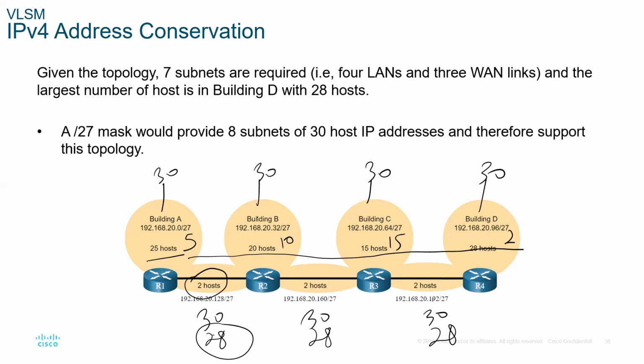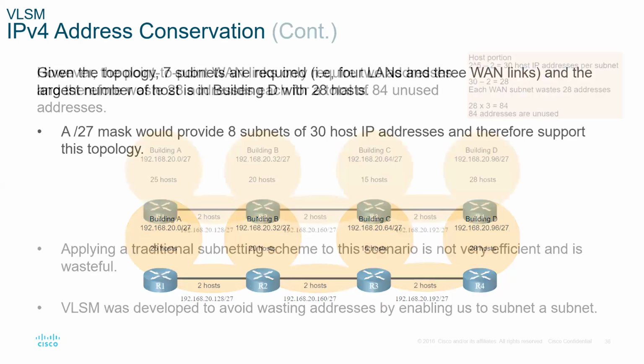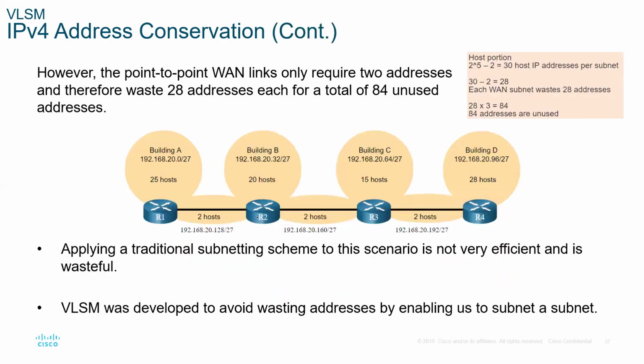So once we've demonstrated this wasting of addresses with the subnetting we've learned so far, that means we need a different way of subnetting. And what is that different way? That different way of subnetting is variable length subnet mask, a continuation of what we're explaining.